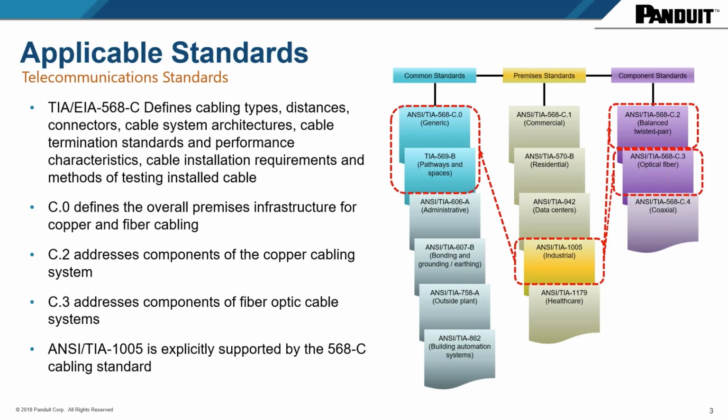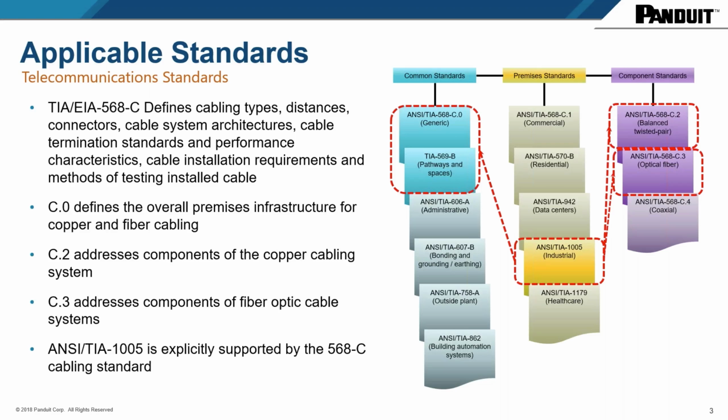So the C0 version defined the overall premises and how infrastructures are laid out. Version C1 and C2 address different things. C1 addresses commercial and C2 addresses how twisted pair connectivity on the copper side is used.